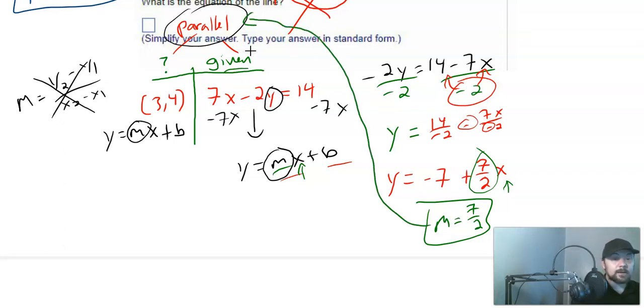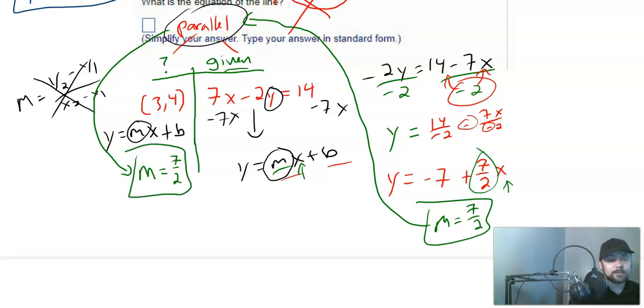It's parallel to the line that I'm looking for the equation of. So what is the slope of the line that I'm looking for the equation of? Well, for parallel, the slopes would have to be the same. So we would say that the slope for this line needs to also be 7 halves. So I'm writing it again for this column. So over here, the slope is 7 halves.